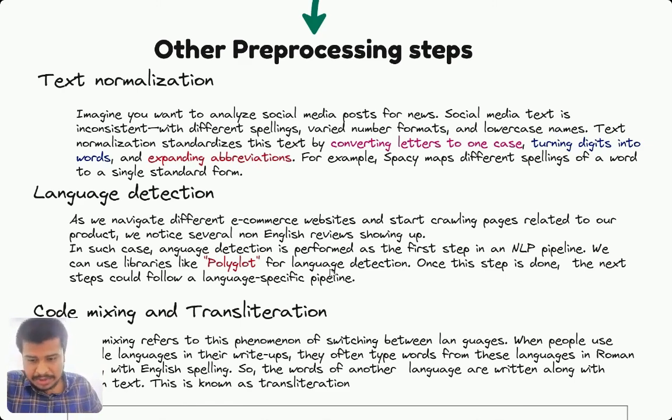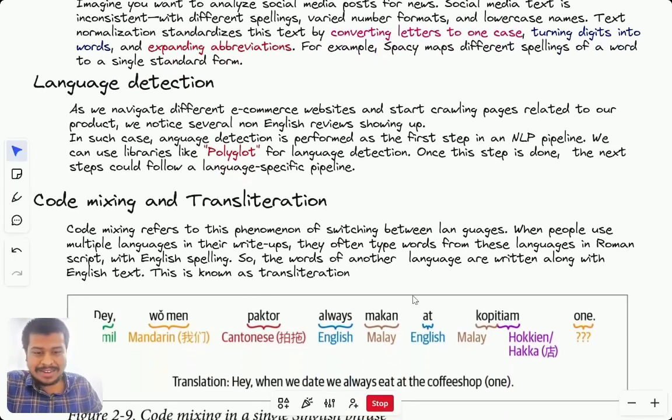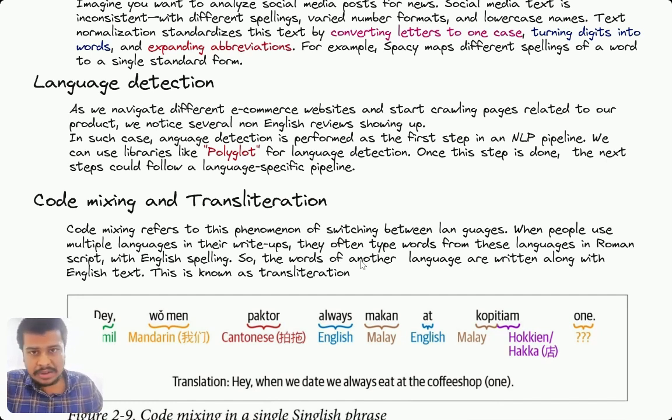I'll give you an example here. This is a phrase from Singlish, right? Singlish is actually spoken in Southeast Asian countries like Singapore and others. In all of these places, they mix English with their own native tongue.